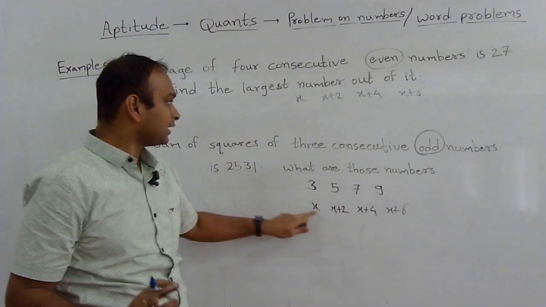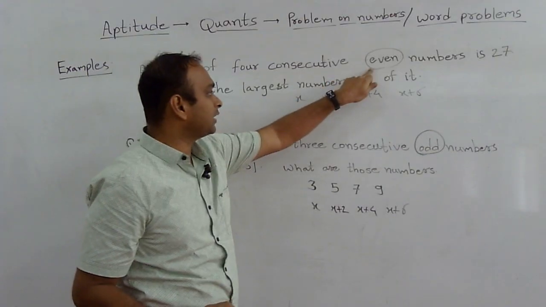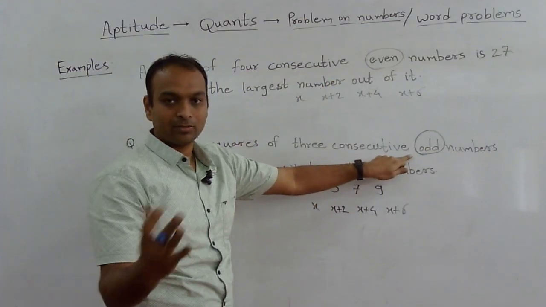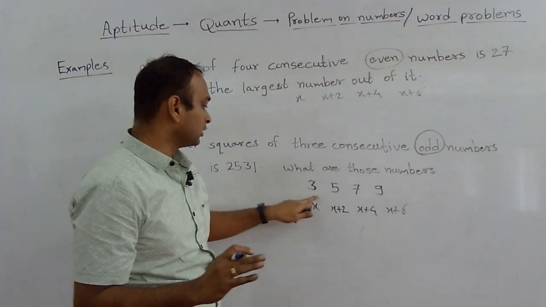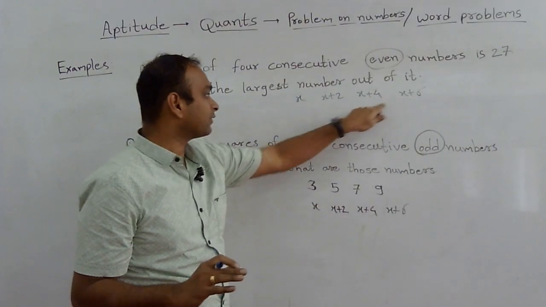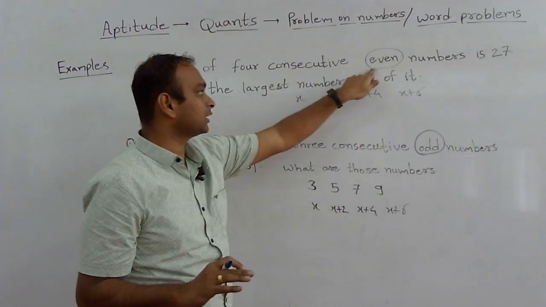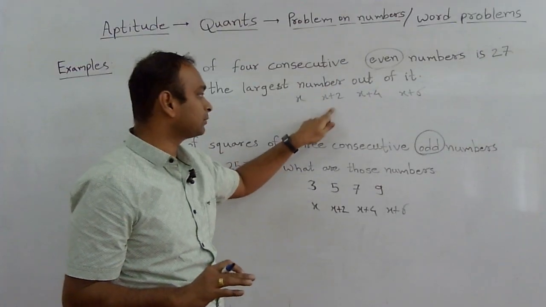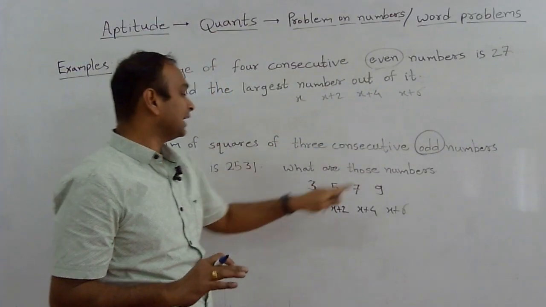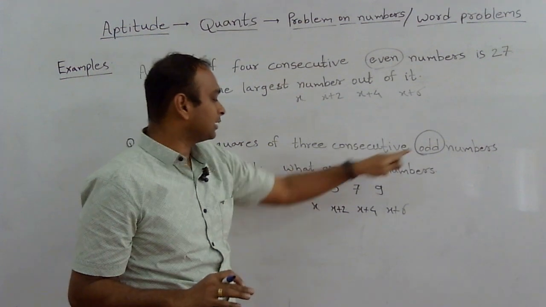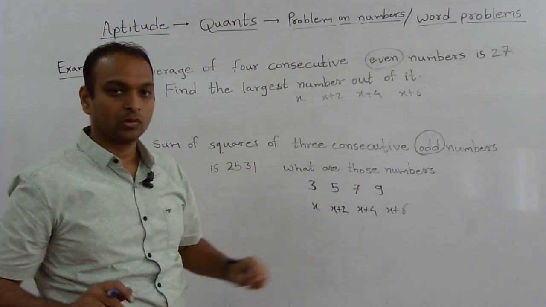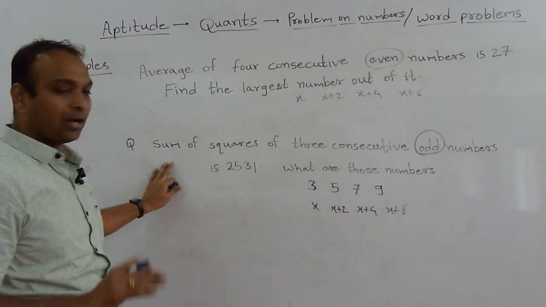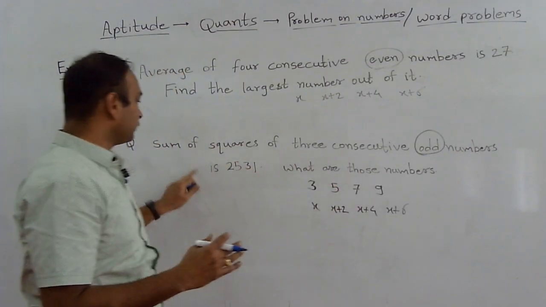So this shows that whether it is an even number or an odd number doesn't matter. The difference of 2 is going to remain the same. In case of consecutive even numbers it will be x, x plus 2, x plus 4, x plus 6. In case of odd numbers, again it will be x, x plus 2, x plus 4, and so on. This is how the logic is. I hope on the basis of this you will be able to solve.